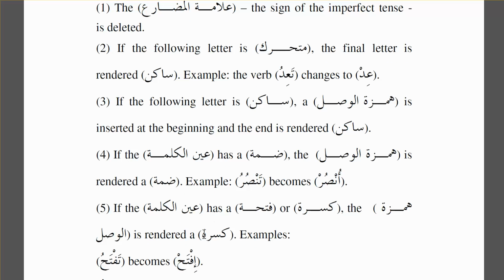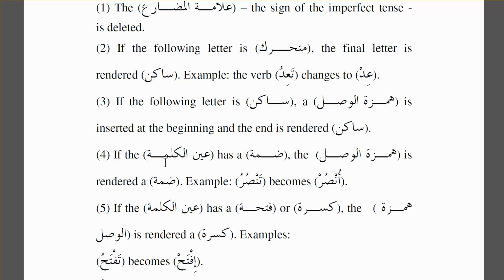Now, here's the key. Number 4 and 5. Look at these rules very closely. If the ayn kalima has a dhamma on it, then you're going to put a dhamma on the hamza. And if it has a fatha or kasra, you're going to put a kasra on the hamza. Look at number 4 and 5. Read those to yourself, inshallah. Okay, so now you can see they gave us two examples.